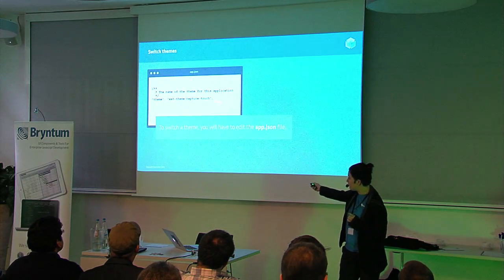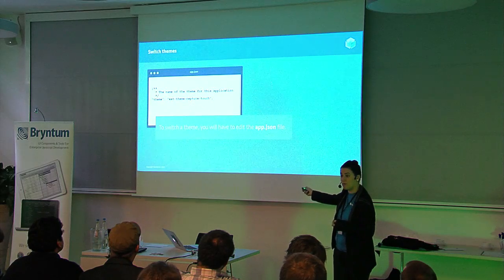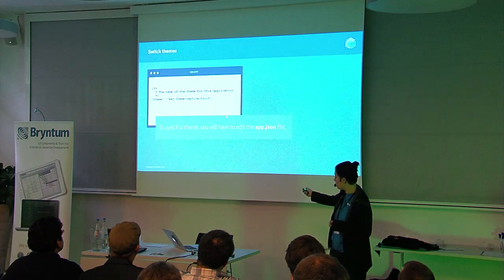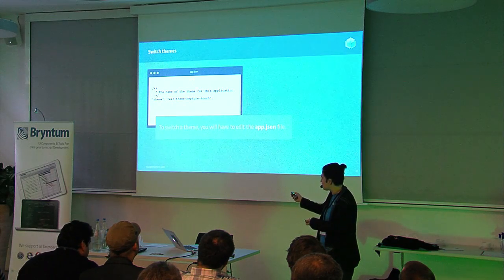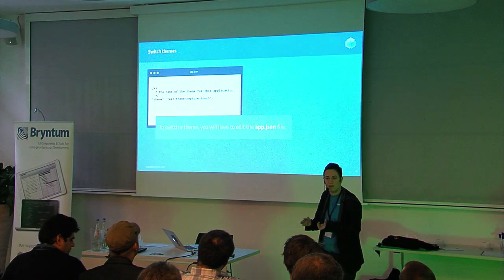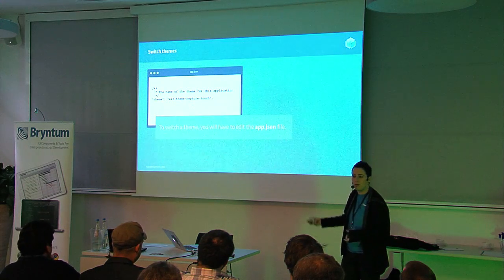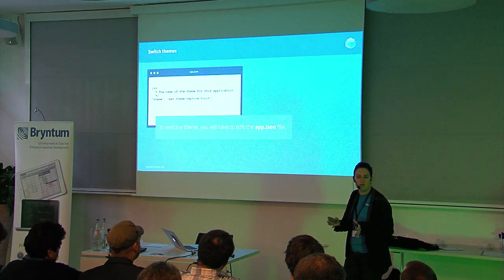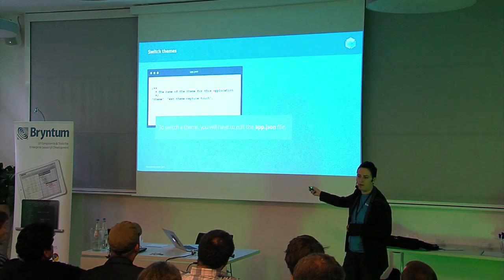But here in the app.json file, you can just specify the theme property and then the name of the theme that you're using. These themes, you can find them in the packages folder of Sencha. You see there the ext-neptune, ext-neptune-touch, ext-crisp. You see them all listed there. You hook it up. If you created your own theme package, you also need to hook that up to your app.json.